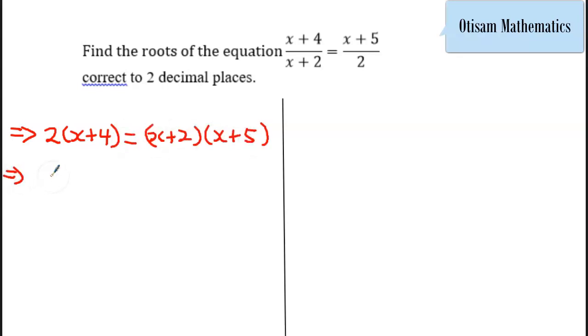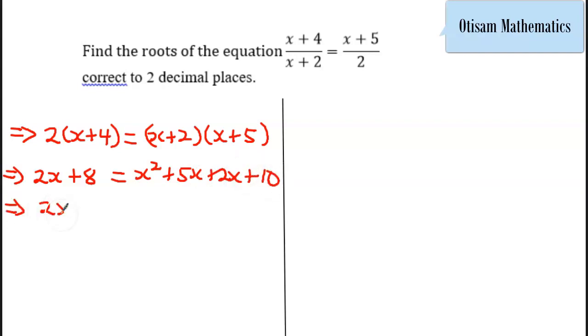Let's expand. 2 times x is 2x, 2 times 4 is 8. And then we have x squared plus 5x plus 2x plus 10.